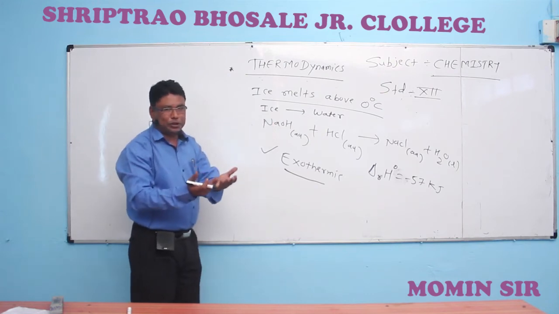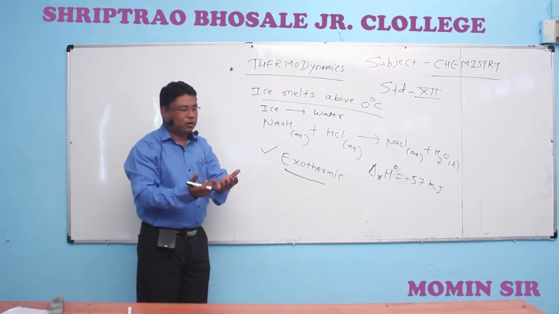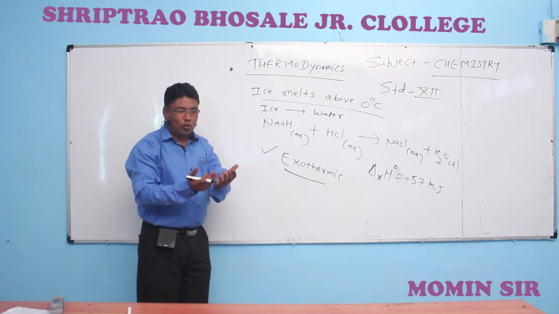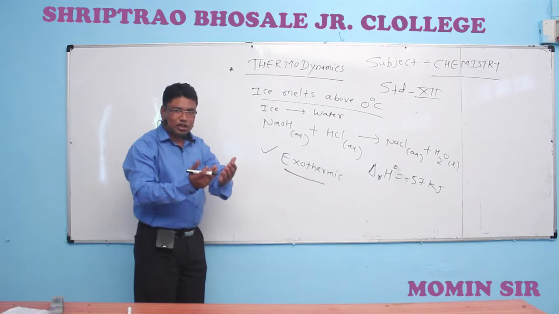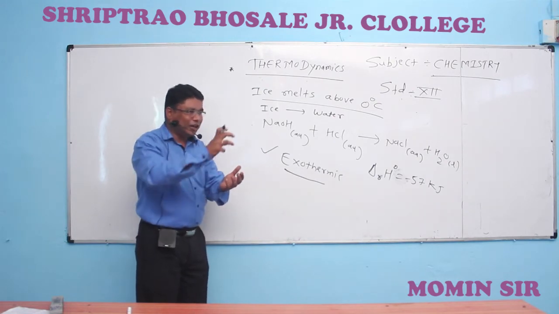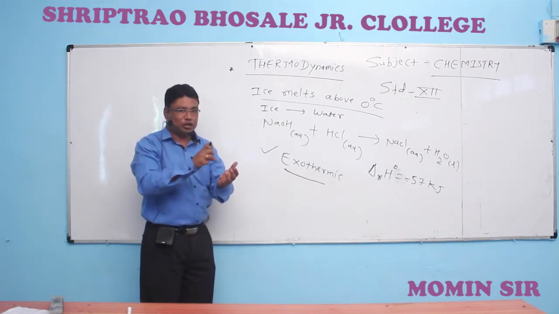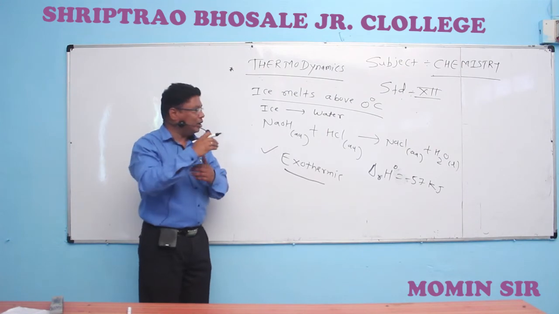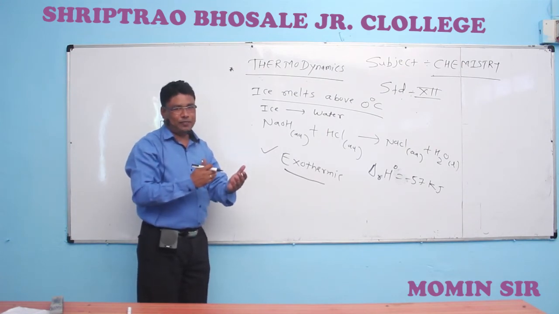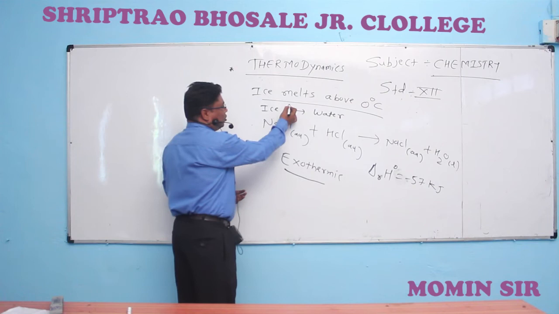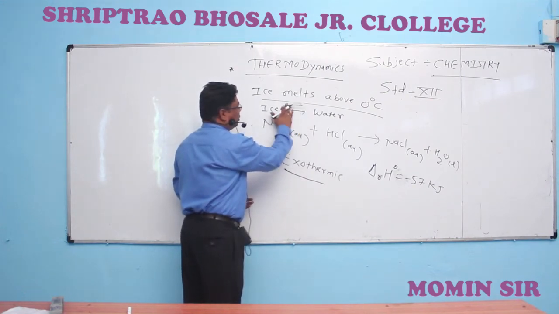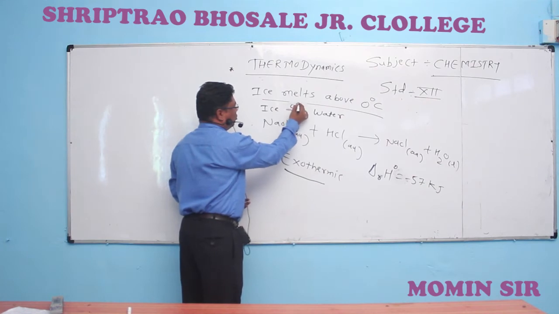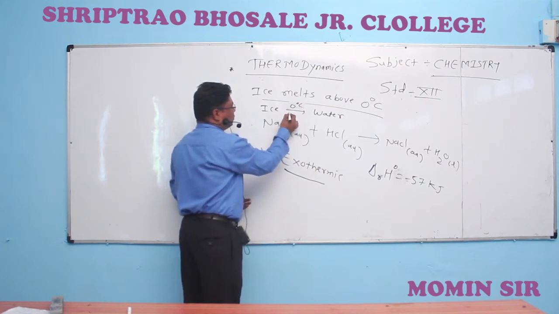When we keep solid ice open in the surrounding, it absorbs heat from the surrounding and it gets melted above 0 degrees Celsius.